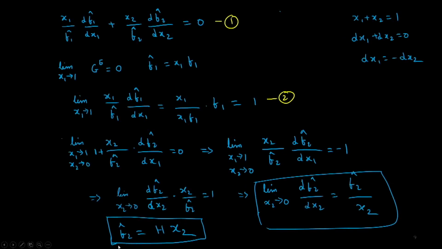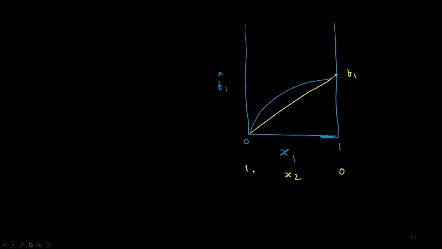Now, as you have seen here, limit as x2 goes to 0, f2 hat is h times x2. Similarly, at the limit as x2 goes to 0, f2 hat is some constant h for 2 times x2. We can also show that limit as x1 goes to 0, f1 hat will be h for 1 times x1.